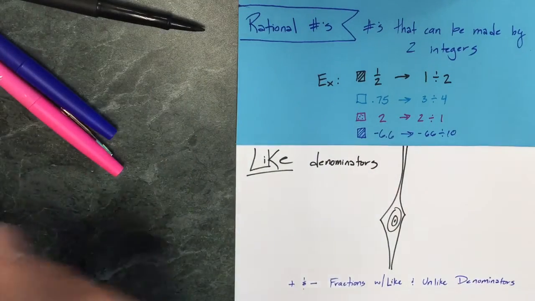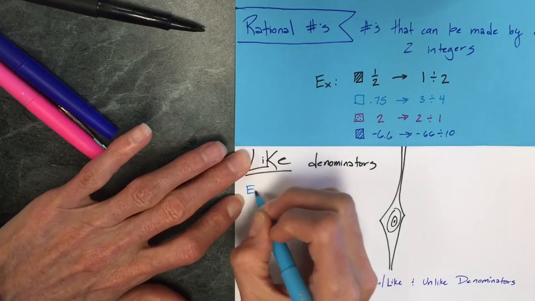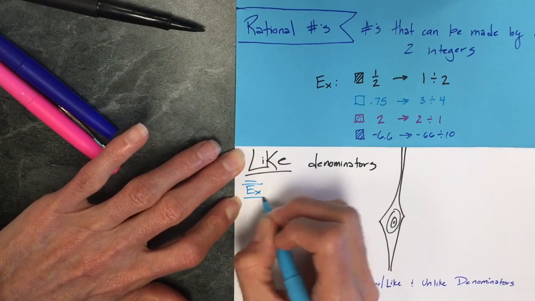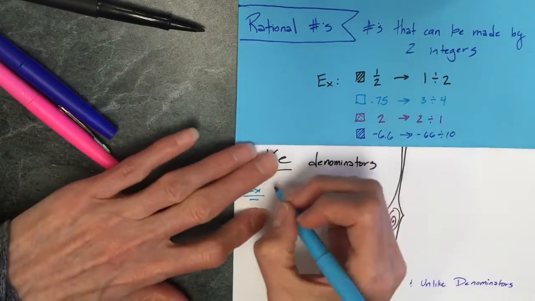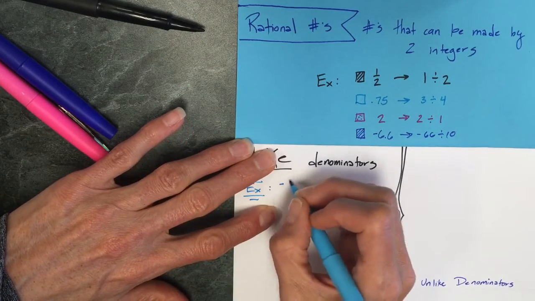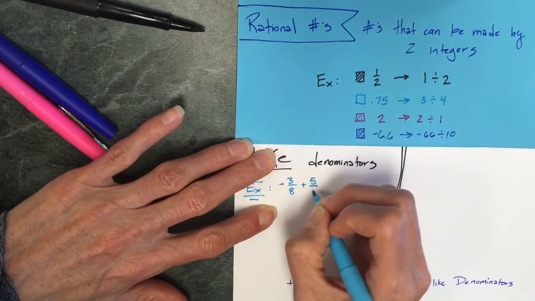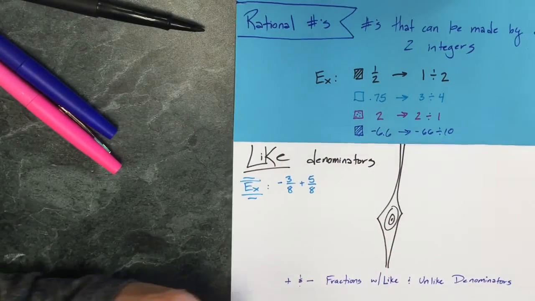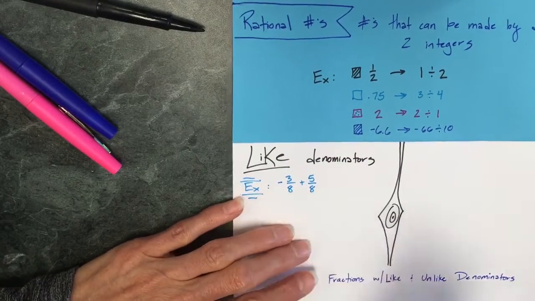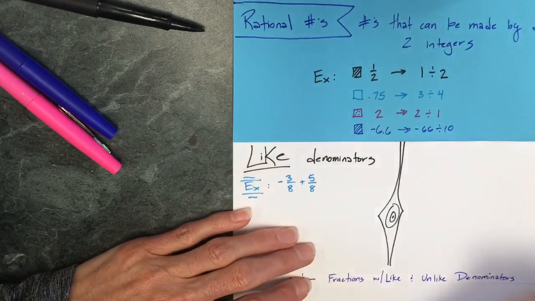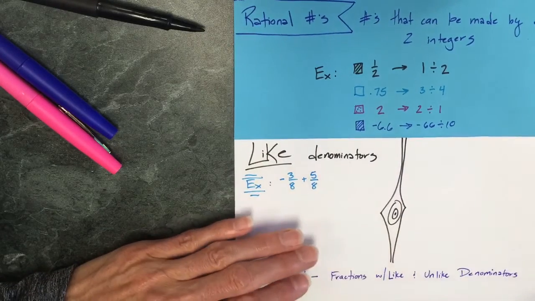And an example for you to copy would be -3/8 plus 5/8. Since they have like denominators, they're cut into the same number of pieces, you can just add the numerators. You can just add to see how many eighths you have.